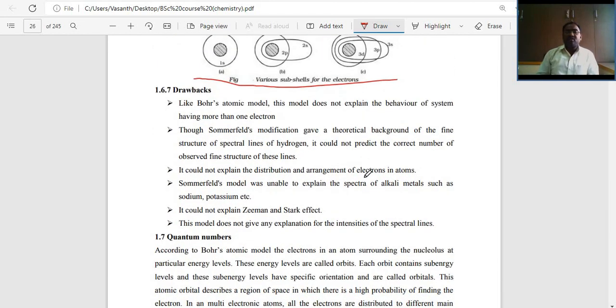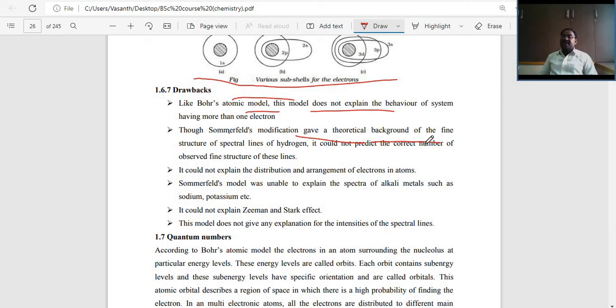What are the drawbacks of this atomic model? Like Bohr's atomic model, this model does not explain the behavior of systems having more electrons. The Sommerfeld modification gave a theoretical background of the fine structure of spectral lines of hydrogen.